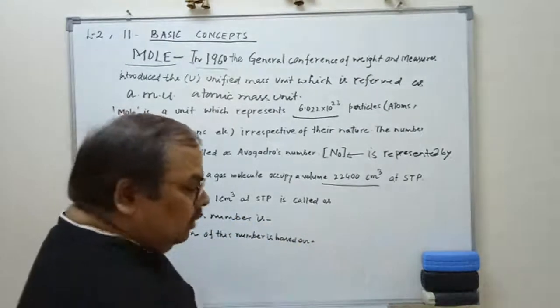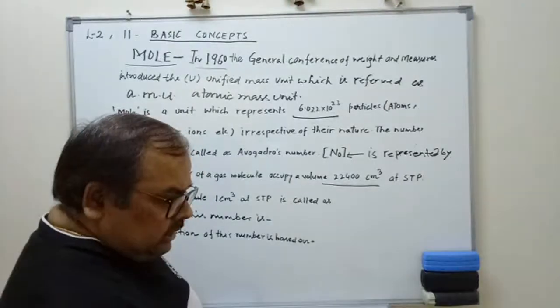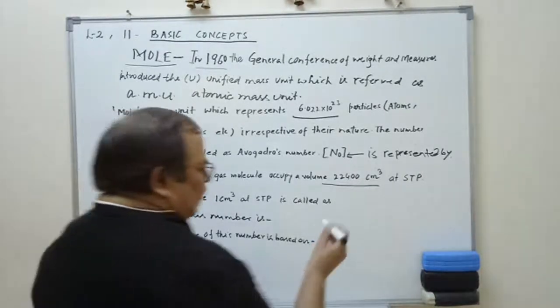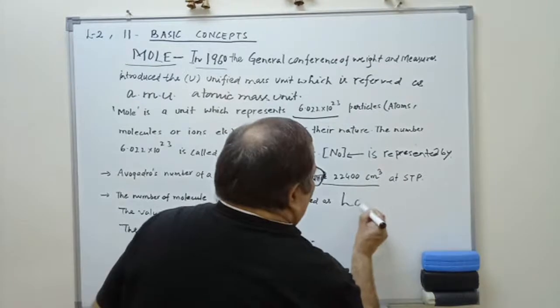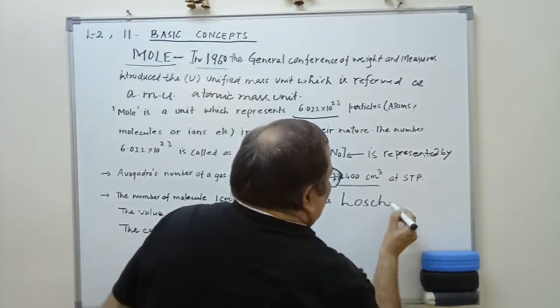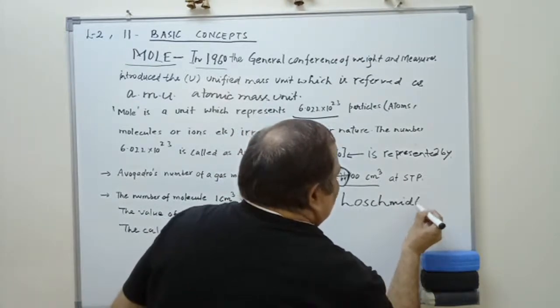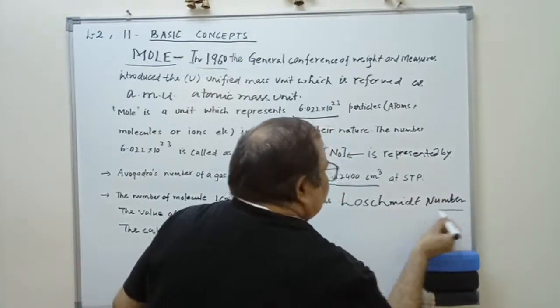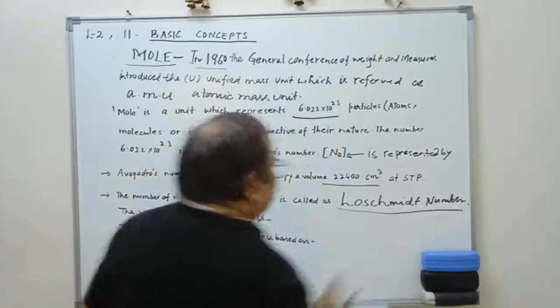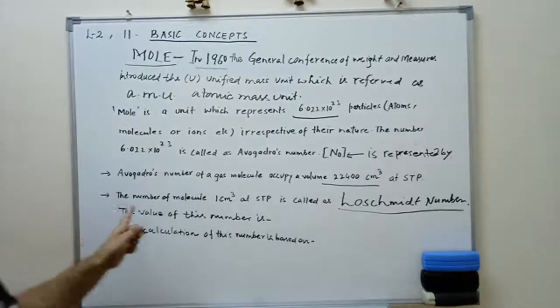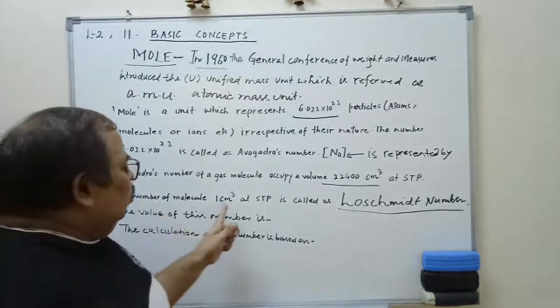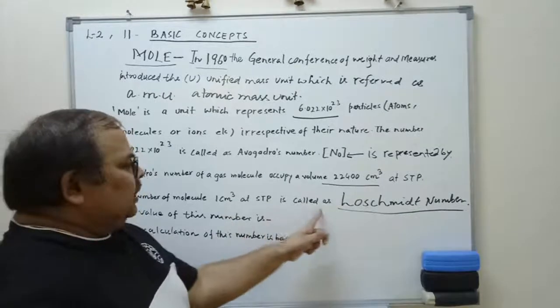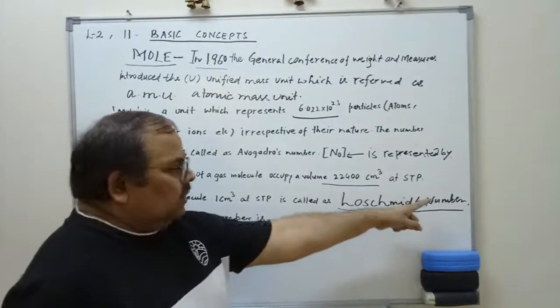This is a problem asked many times. This is known as Loschmidt number. You are clear that the number of molecules in 1 centimeter cube at STP is called the Loschmidt number.